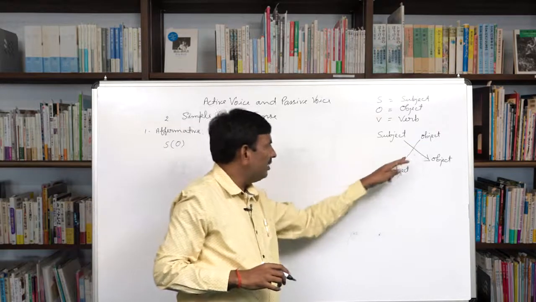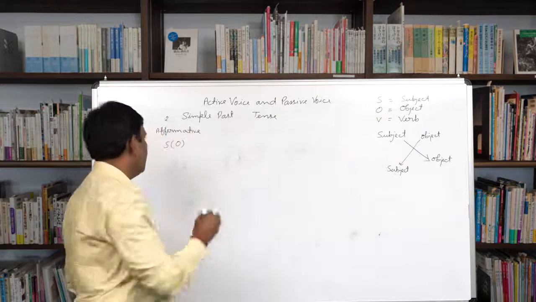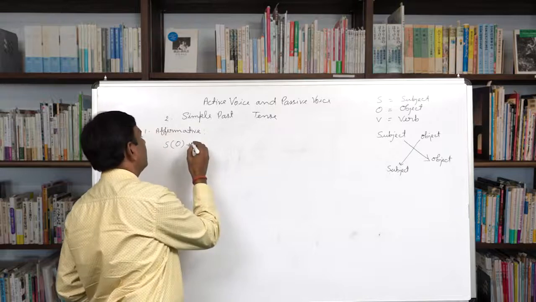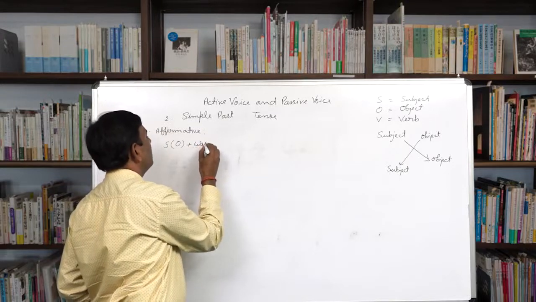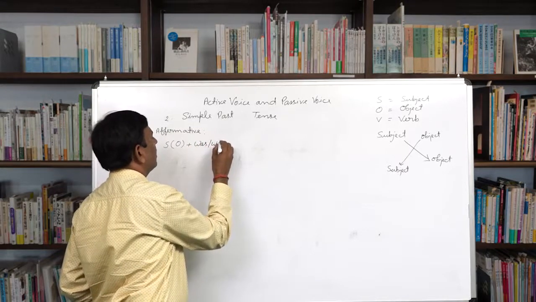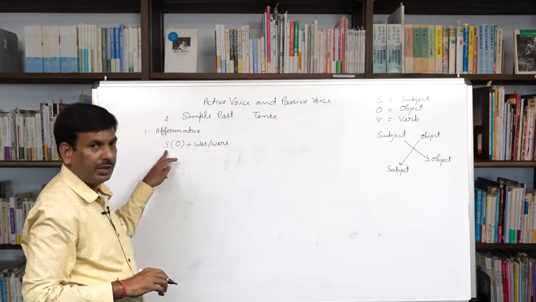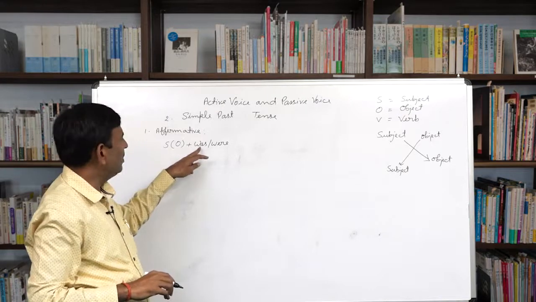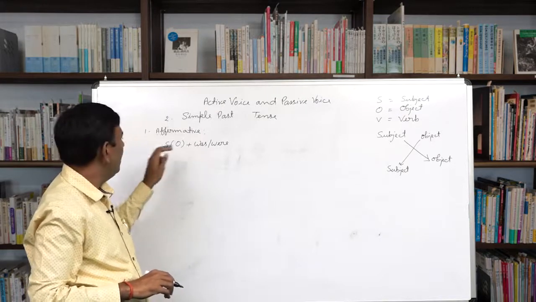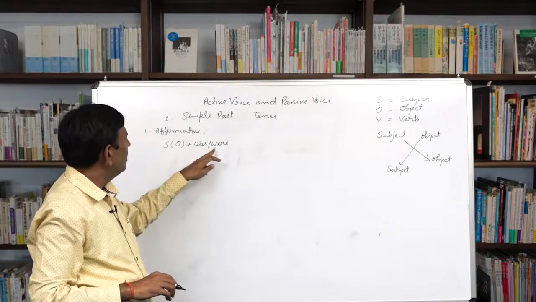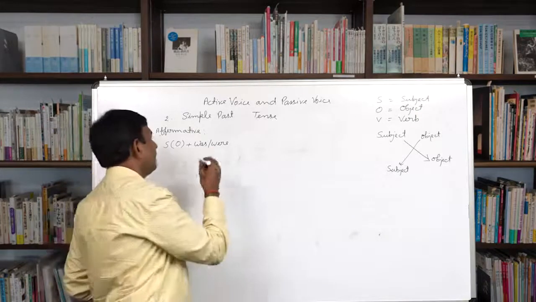Which is made from object. Then according to the number of subject, linking verb was or were. It means if the subject is singular, helping verb was is to be used, and if the subject is plural, then were is to be used.